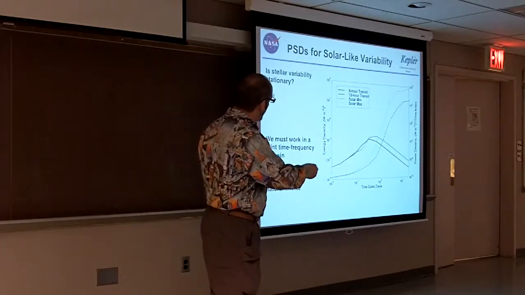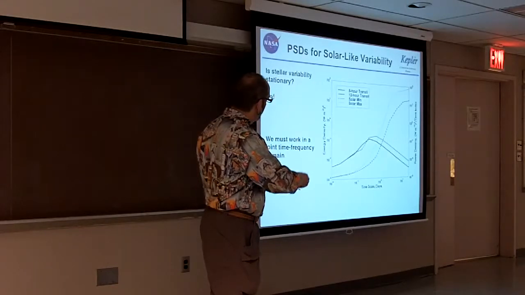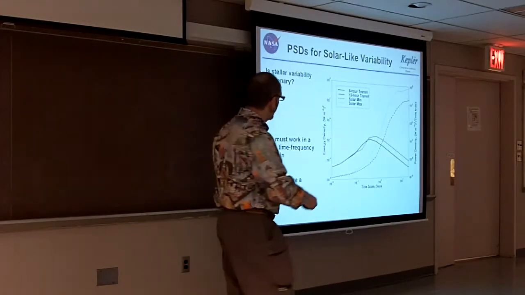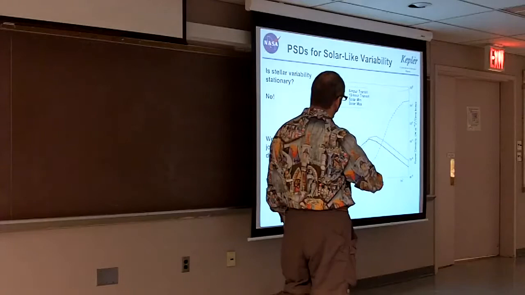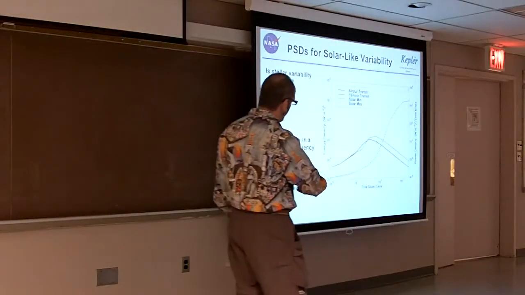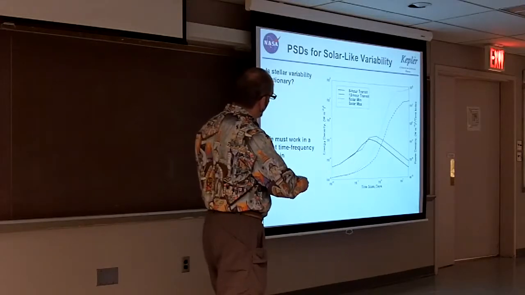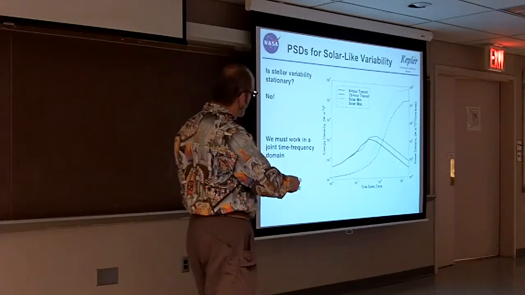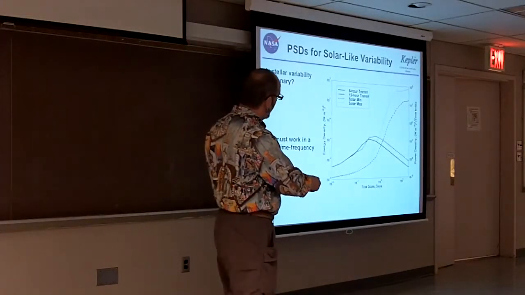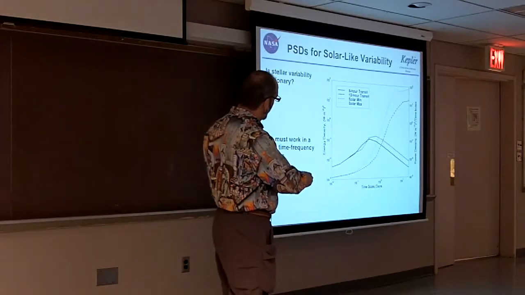These curves here on the right are power spectral density estimates for the sun based on that data I showed you earlier. And you see there's a lot more power out here at long time scales than at short time scales. And these are basically power spectral density estimates of an 8-hour transit and a 12-hour transit.